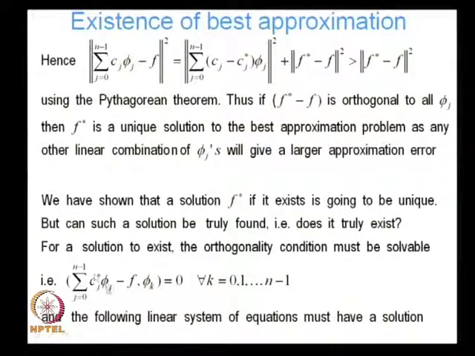So, there must be some Cj star phi j such that this condition is satisfied, such that if I take the inner product of the sum of Cj star phi j minus f with any of the phi k's, that has got to be equal to 0. So, this condition has to be satisfied. This gives rise to a linear system of equations.